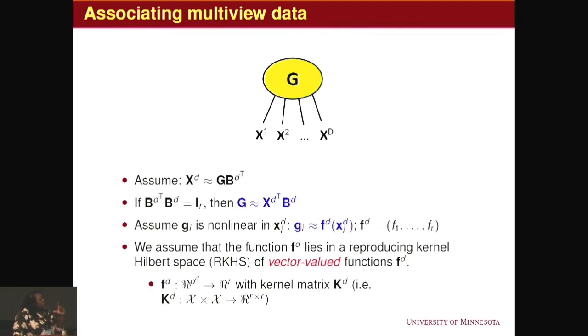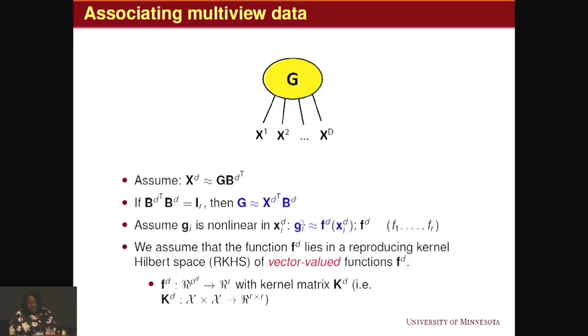And so each view can be approximated as a product of this shared component G and the loadings or the factor loadings, which we are calling B here. And in the statistical literature, we make the assumption that B is orthonormal so that we can post-multiply this approximation by B_d, and then obtain G, which is approximated as X_d times B_d.